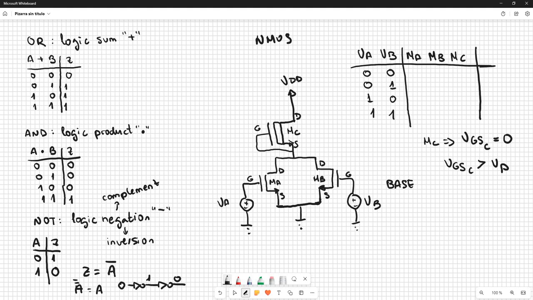In the first case, I forgot to draw here the output.